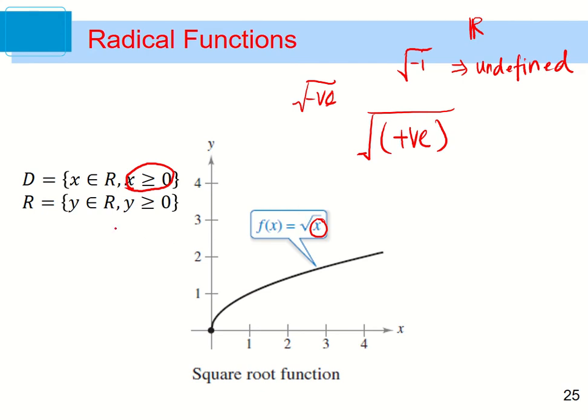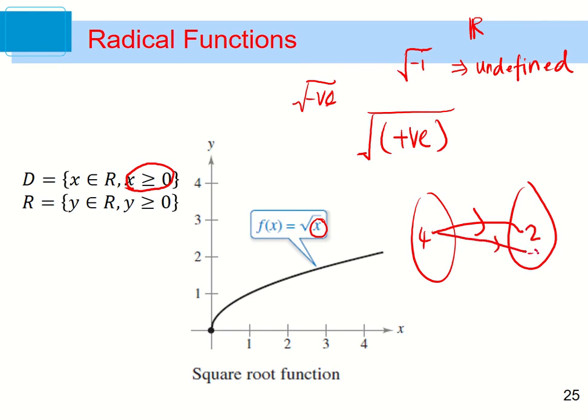Now, how about the range? We mentioned that for this to be a function, it has to be one x to one y. So when the x is 4, we can only take 2. We cannot take 2 values, because if square root of 4 gave us 2 values, then this is not a function anymore.